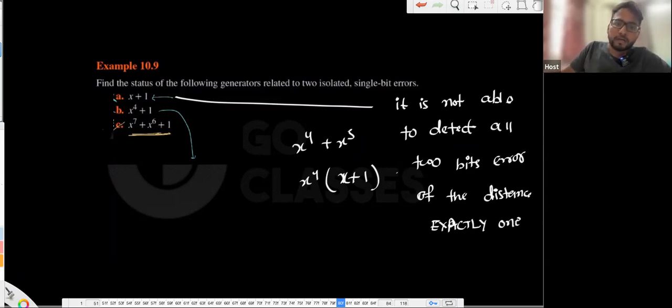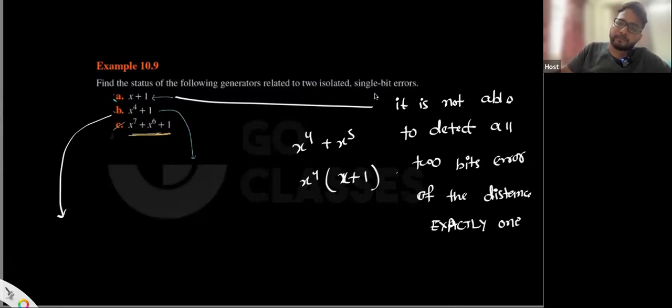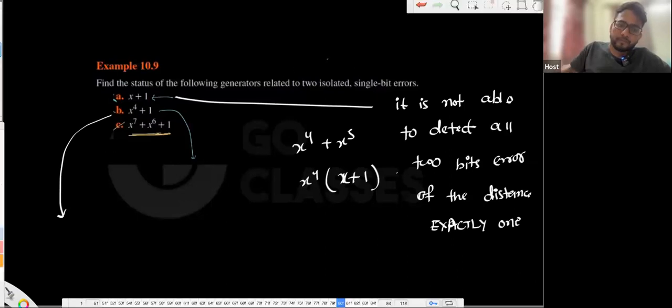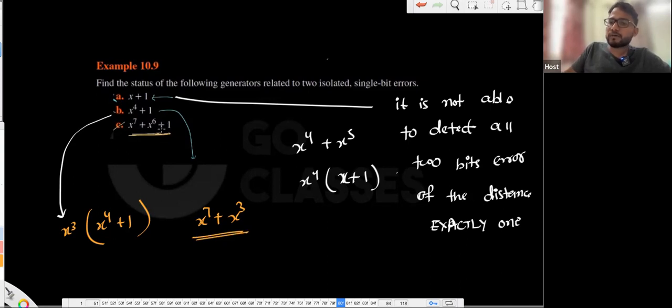Okay, great. Tell me, is this able to detect all 2 bit errors? What if x power 4 plus 1 is the generator, and let's suppose your error is x power 7 plus x cube. Can you detect this error with x power 4 plus 1? No, right?